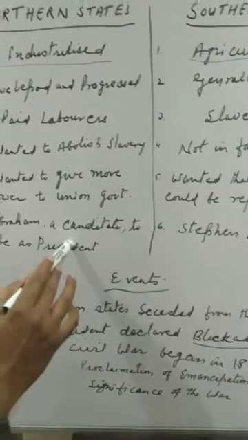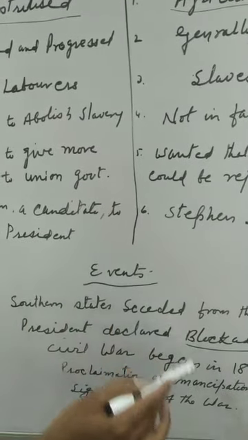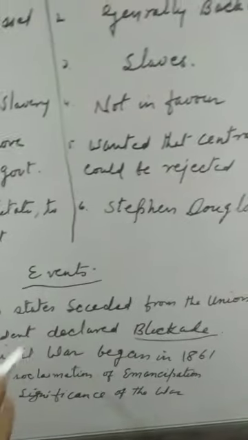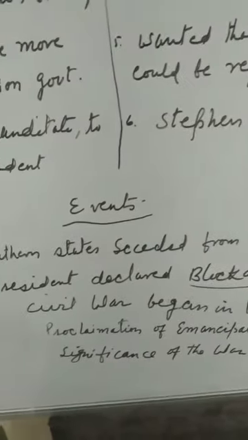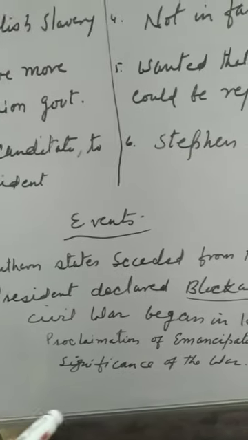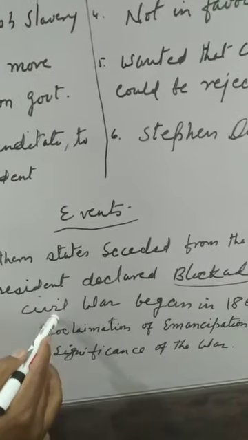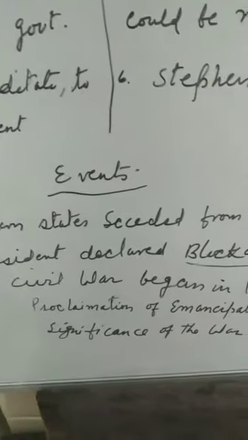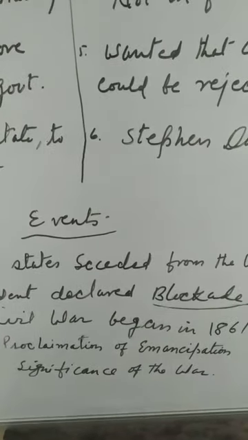With this, the causes are over. Events took place. Southern states seceded from the Union. President Lincoln declared a blockade. He blocked all the ways to stop the economy of the Union. The Civil War began in 1861. There were a lot of casualties, a lot of loss of life.